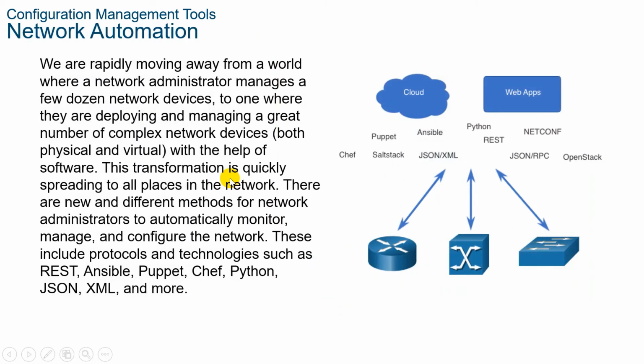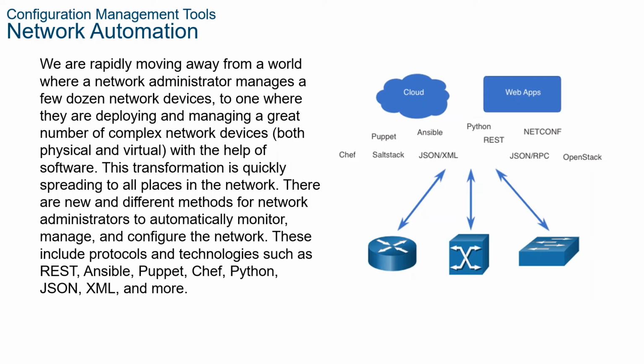With network automation, we are rapidly moving away from the world where network administrators or systems administrators manage a few dozen network devices to one where they are deploying and managing hundreds or thousands or even tens of thousands of complex network devices, both physical and virtual, with the help of software.